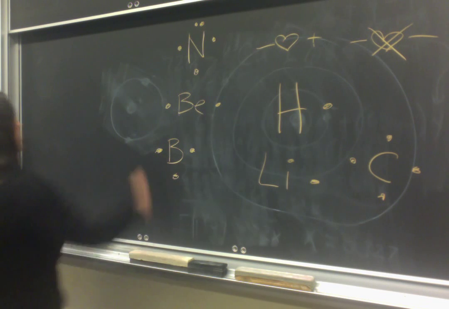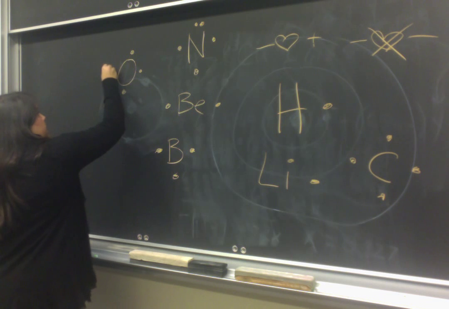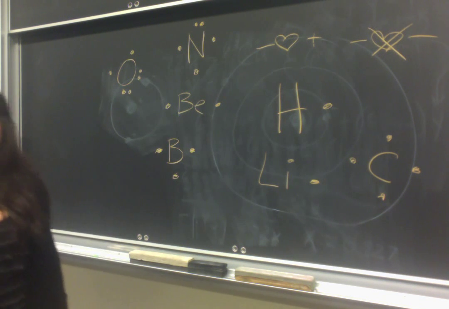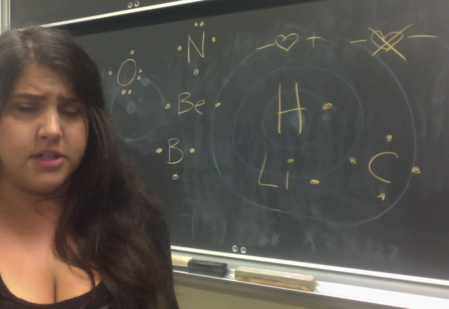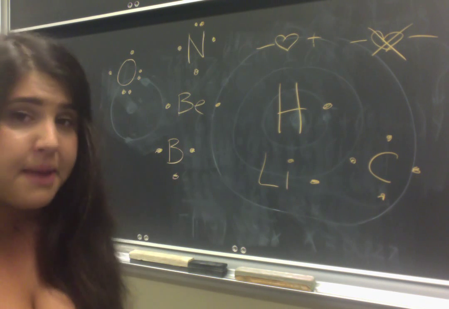Next would be oxygen with 1, 2, 3, 4, 5, and 6 valence electrons. In this case, I have 2 paired electrons, so 4 total pairs, so 2 pairs of electrons and 2 unpaired electrons.